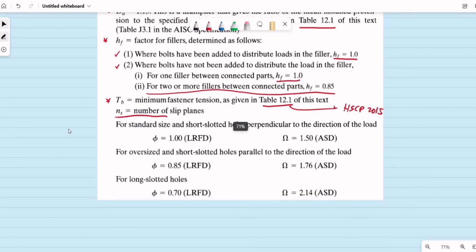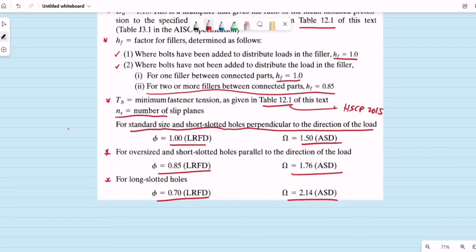Then for our reduction factors and factors of safety, this is for standard size and short slotted holes perpendicular to the direction of the load, for LRFD and ASD. For oversized and short slotted holes parallel to the direction of the load, for LRFD and ASD. Then for long slotted holes, again, there are factors for LRFD and ASD.